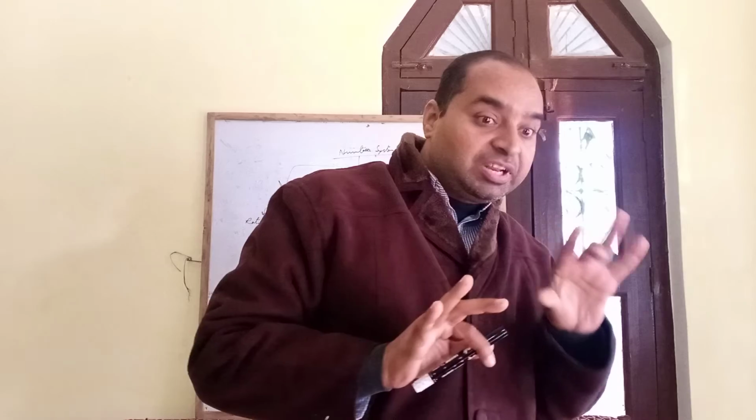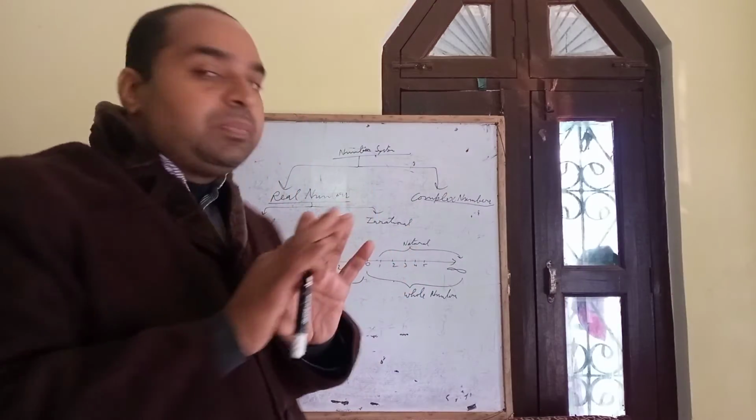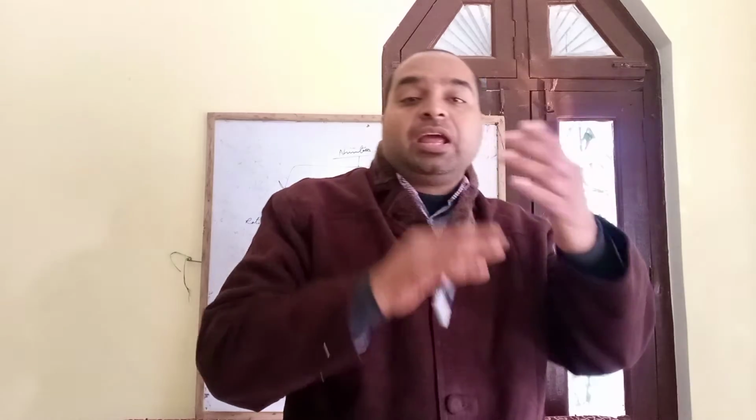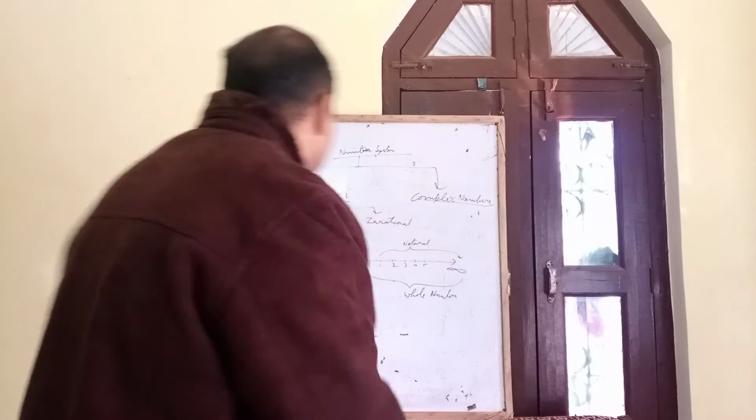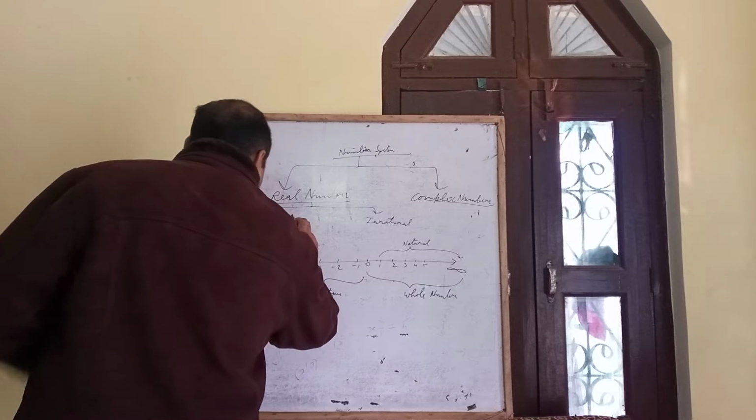As the word rational defines itself, the numbers which can be represented in ratio form, that is, which can keep a numerator upon a denominator, fall in the form of rational numbers.